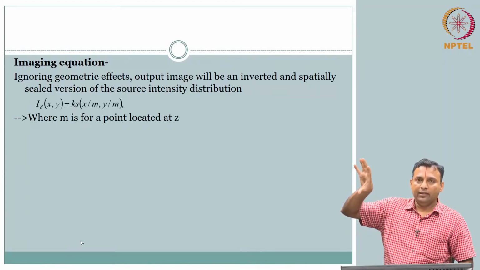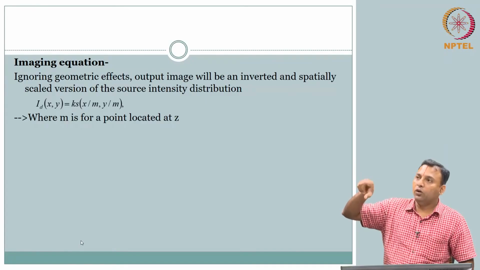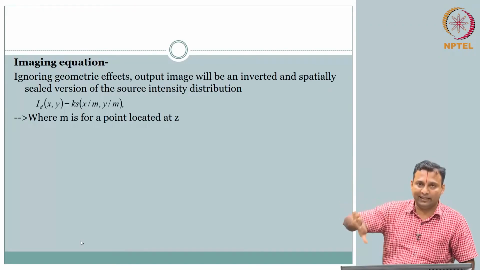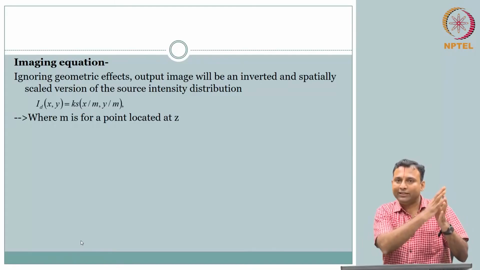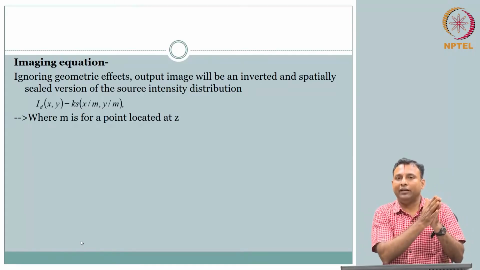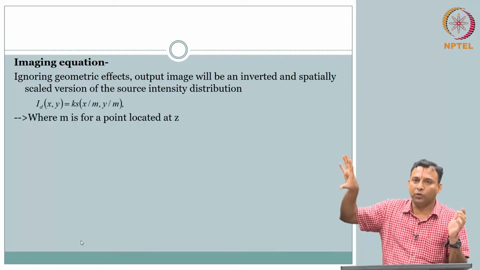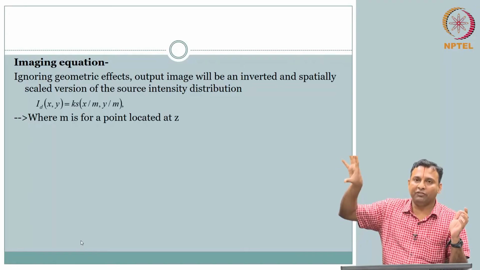If it is increasing, the intensity will go down, the inverse square law. But the sum of all the intensities on this detector area should be the same as the sum of intensities that came in. What went in came out. Only thing is, it is spread out depending on the magnification factor.